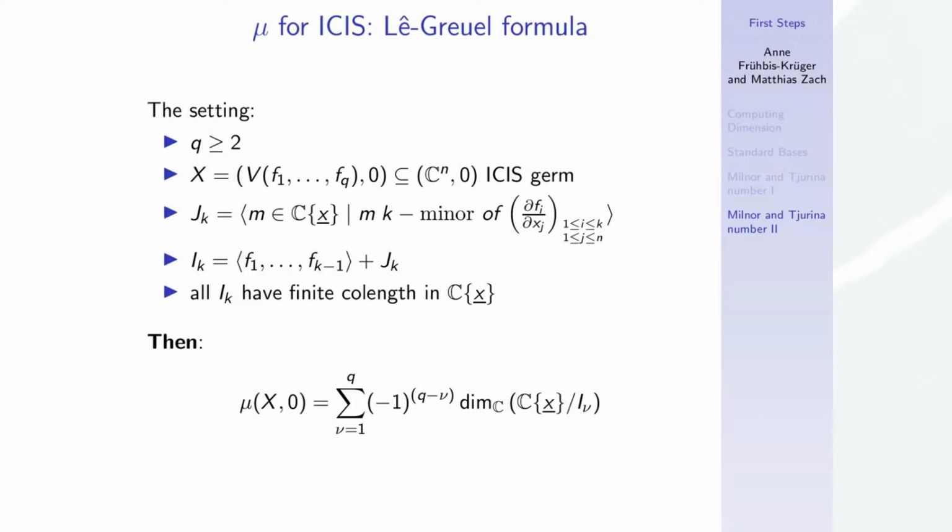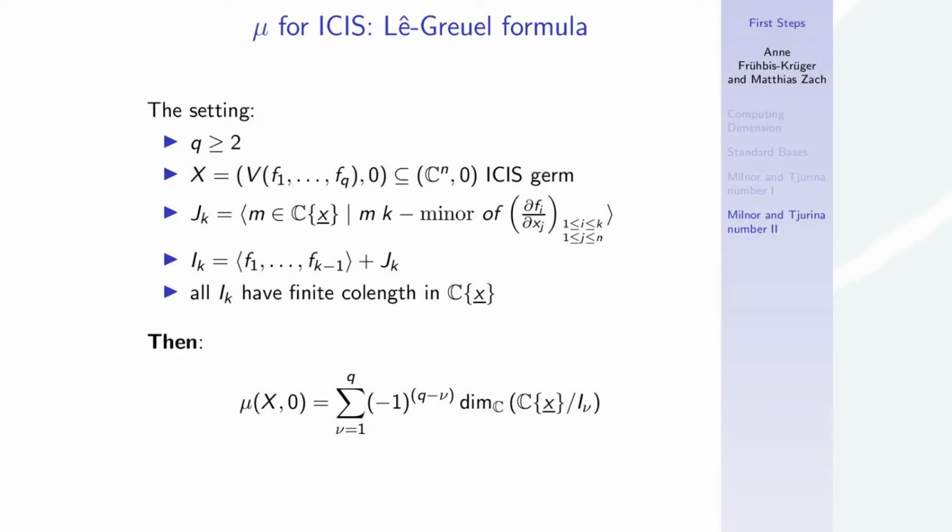And those ideals Ik are also subject to a further condition. It's a condition of having finite co-length in our power series ring. So power series ring modulo Ik needs to be finite dimensional for all k appearing.